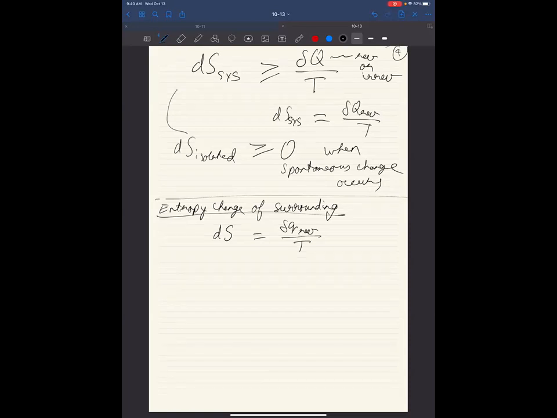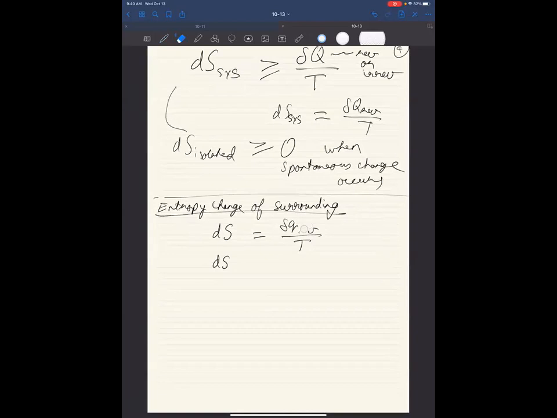I could apply this equation to the surrounding. This is a different way of thinking. We are not thinking about the system at all right now, we are thinking only about the surrounding: delta Q reversible of the surrounding divided by temperature, as if the surrounding were the system itself. You're changing your frame of reference.